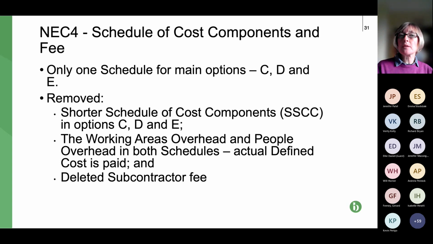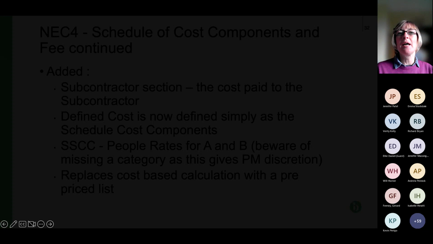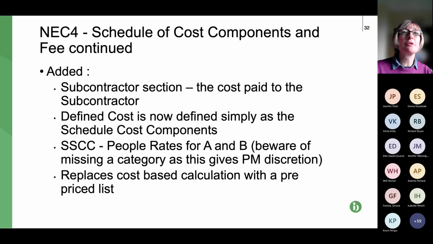Also, what's been removed is the subcontractor fee, and that's because when we look at the added bit, if we can have the next slide, Jen, please, and as I've already mentioned, the subcontractor section, so it's the first sub-bullet point on this slide, has been added, a whole new section into both the schedule and the shorter schedule. It's really nice and clear, and I think that's a really good change.